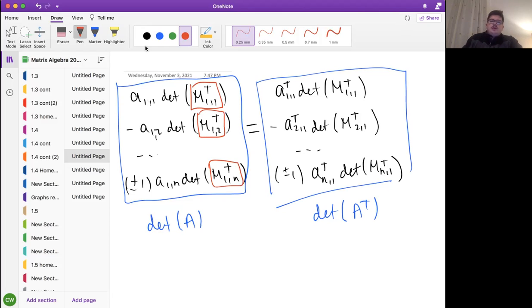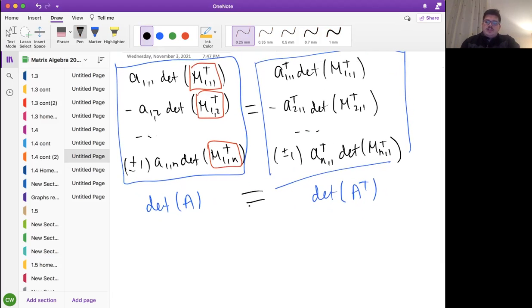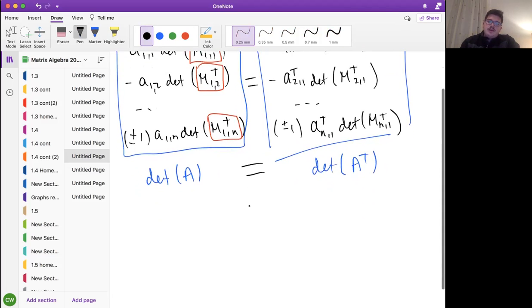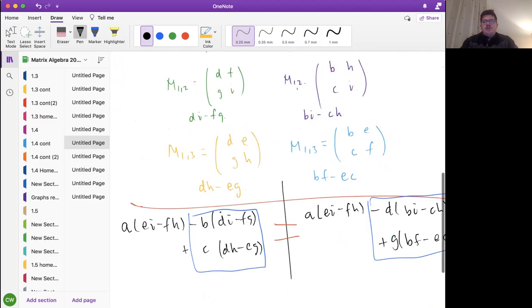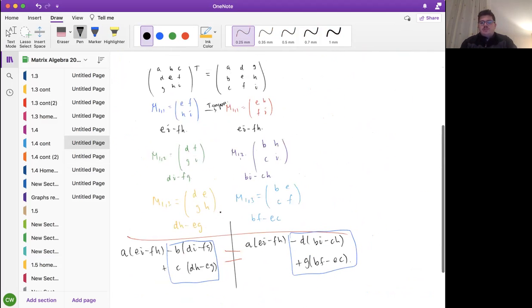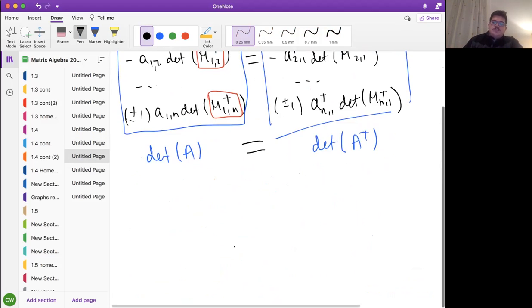I didn't realize it would involve induction, but it ended up involving induction, sorry about that. But at any rate, the idea is we're using the case for the 3x3 that we proved, and expanding that to the n by n case.